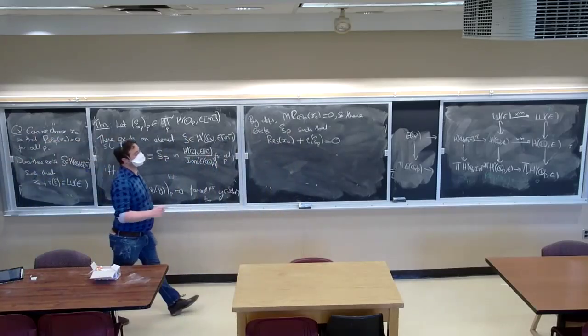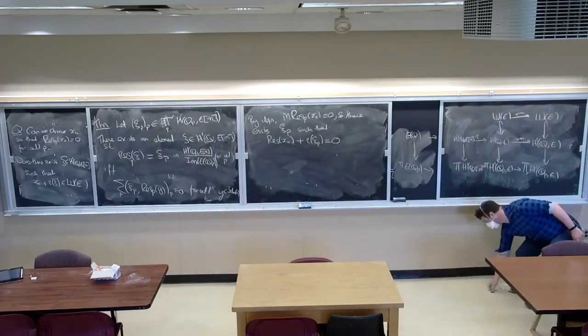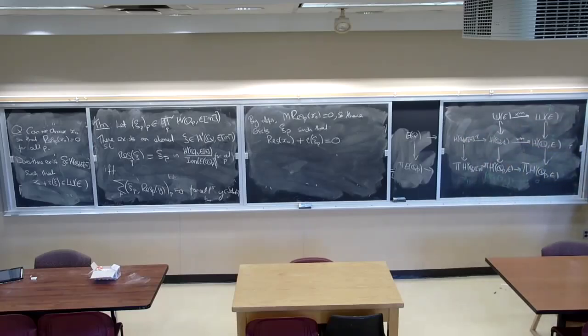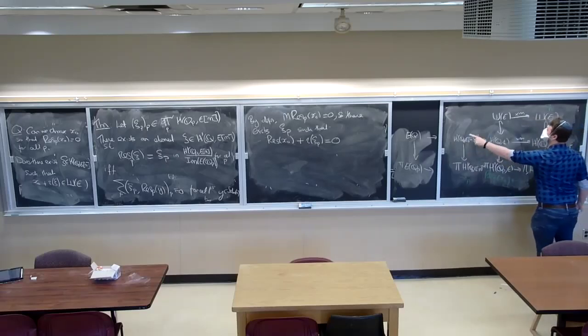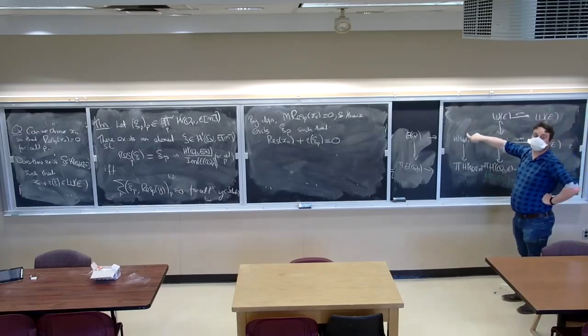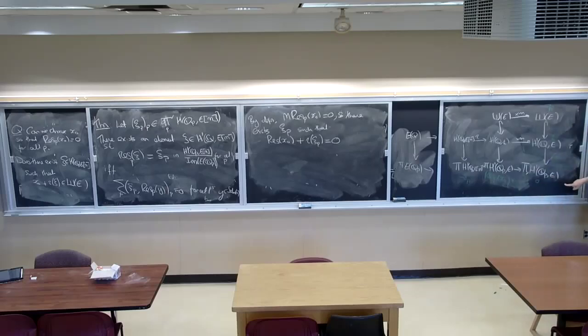So actually, I want to ask the following question. Going back, I'm trying to find some element zeta over here. That's my goal. If I can find an element zeta over here, then I can fudge. One more time: I've started with an x over here, and I've lifted it to an x0 over here. I'm trying to know if there's a zeta that I can fudge my x0 by that's going to map to 0 here.